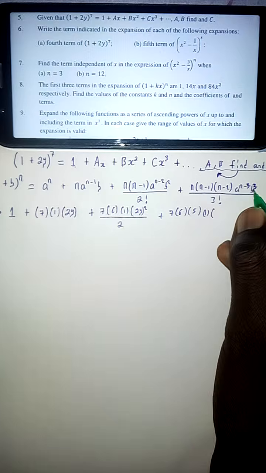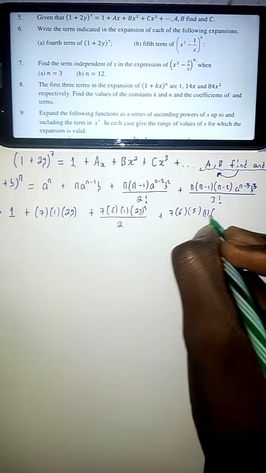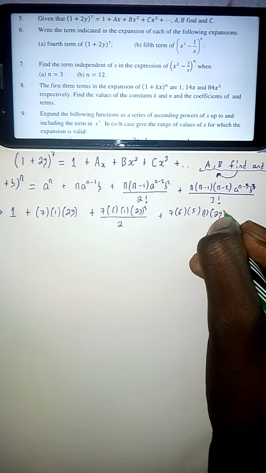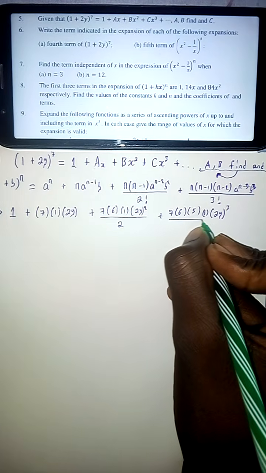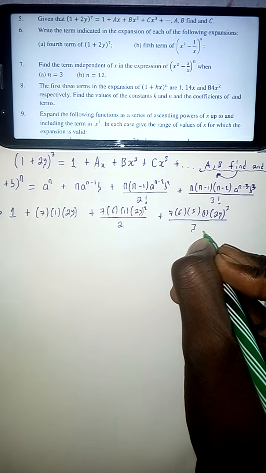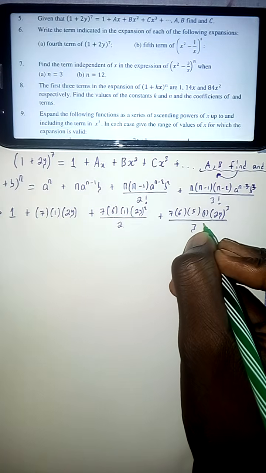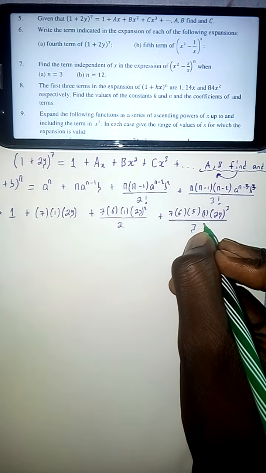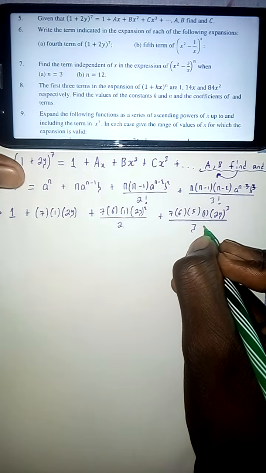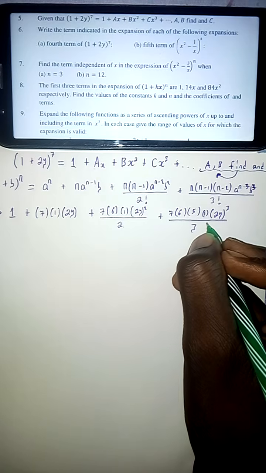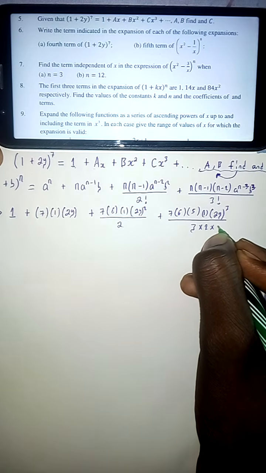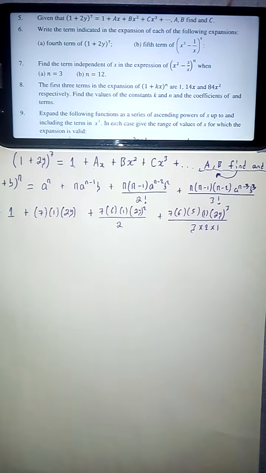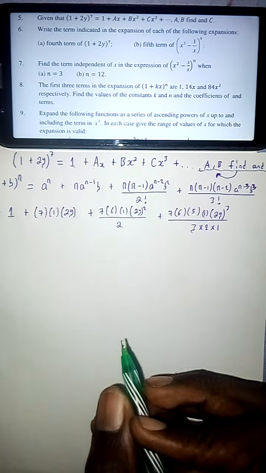What about for the b part? For the b part, we have 2y raised to the power 3 over 3 factorial. 3 factorial is 3 multiplied by 2 multiplied by 1.